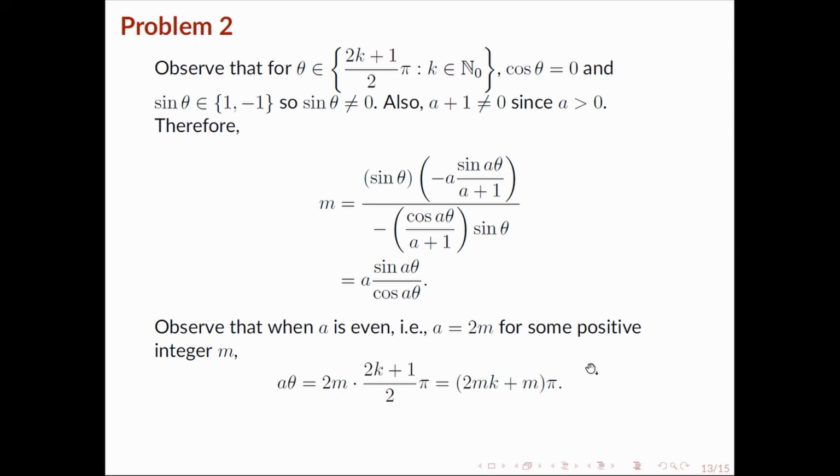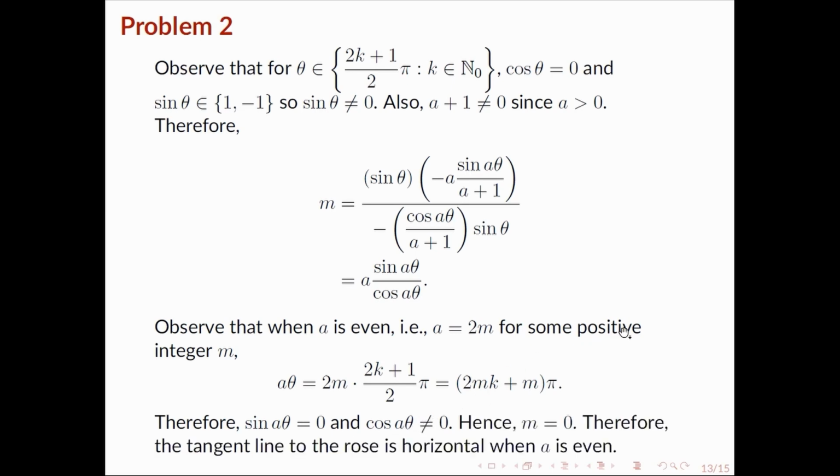Okay? So, observe that sine a theta is equal to 0, and cosine a theta is not equal to 0. This is because we have some number multiplied by pi, and its sine value is equal to 0, while its cosine value is not equal to 0.